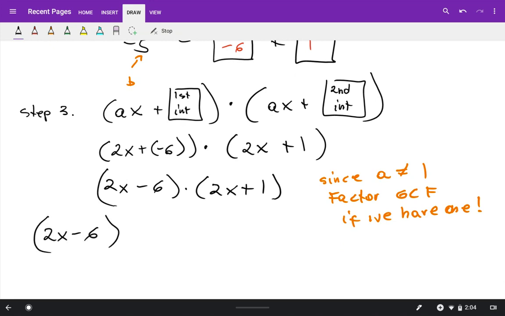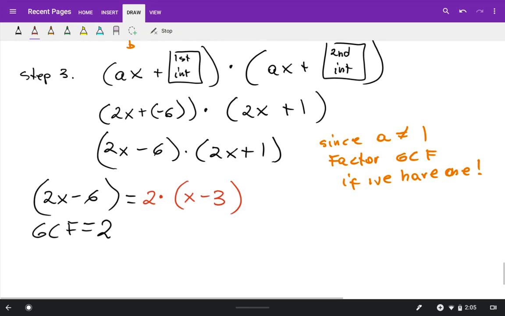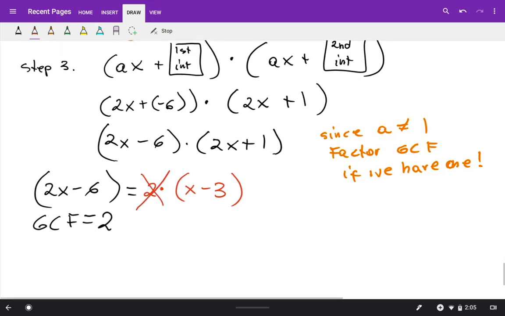Here, the greatest common factor, which means the number which can divide 2 and 6, will be 2. Greatest common factor will be 2. So I'm going to factor 2 out, and we'll end up with x minus 3. And what you're doing with that GCF, you're just ignoring that.